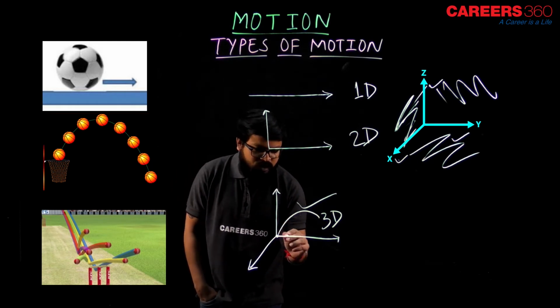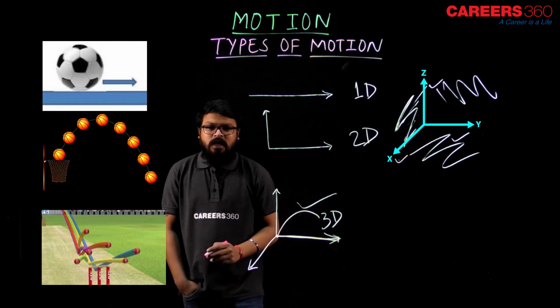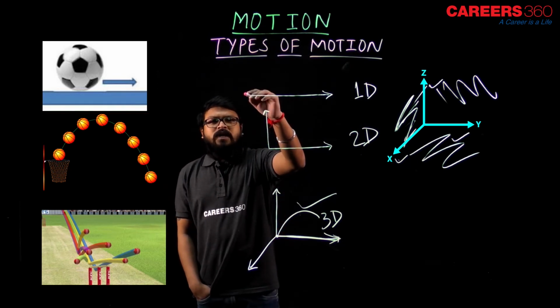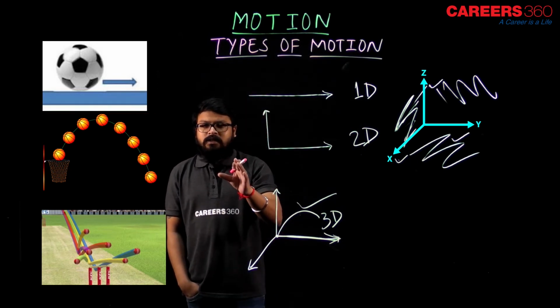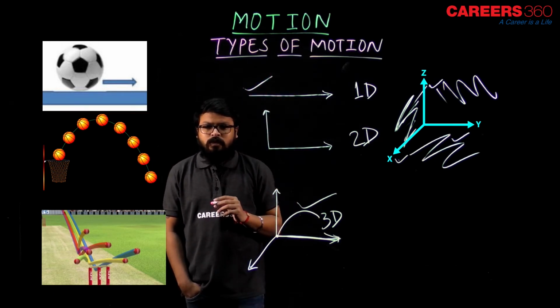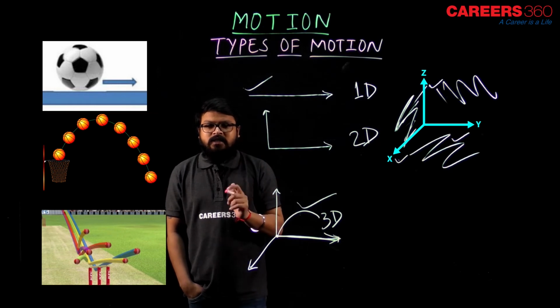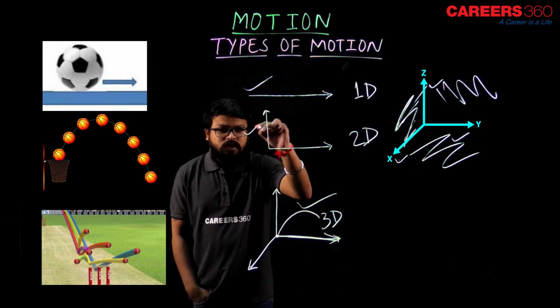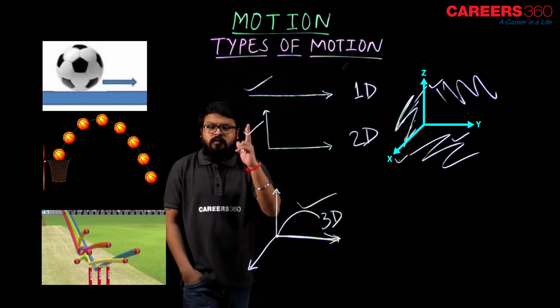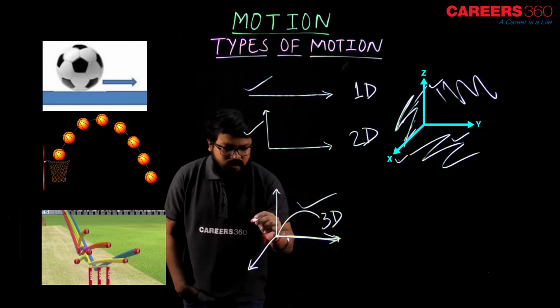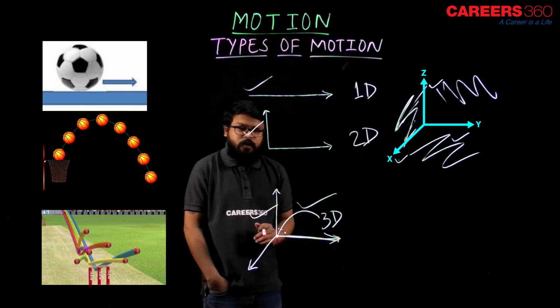If I throw any object in one direction, then only one coordinate would be changing. I hope you got that, right? So if I throw anything in one direction and its position is changing only in one direction, that is one dimensional motion. If its position is changing in two directions, then it is motion in 2D. And if its position is changing in three directions, then it is motion in 3D. I hope you got that, right?